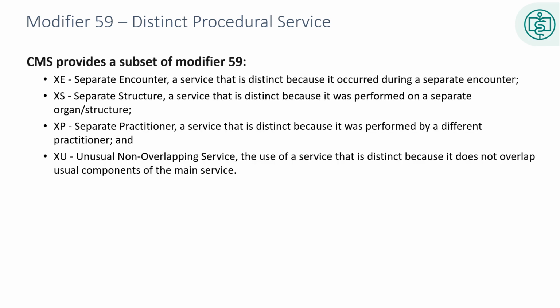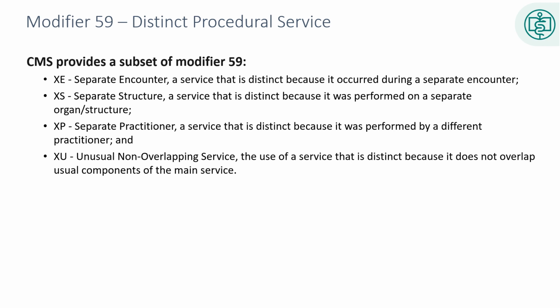The CMS subset of Modifier 59 is a list of specific codes that should be used in place of the modifier when billing for certain services. The subset was created to help clarify the use of Modifier 59 and reduce the incidence of incorrect billing practices. There are 4 different subsets of Modifier 59: XE, XS, XP, and XU.